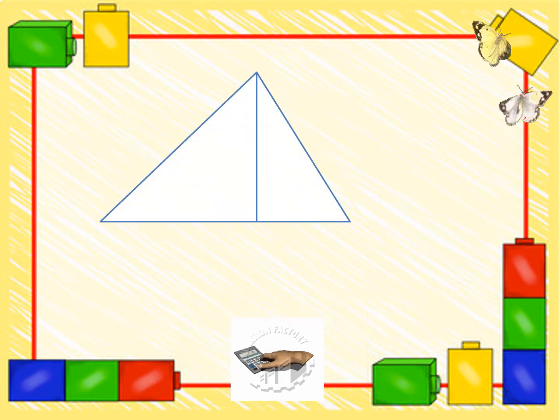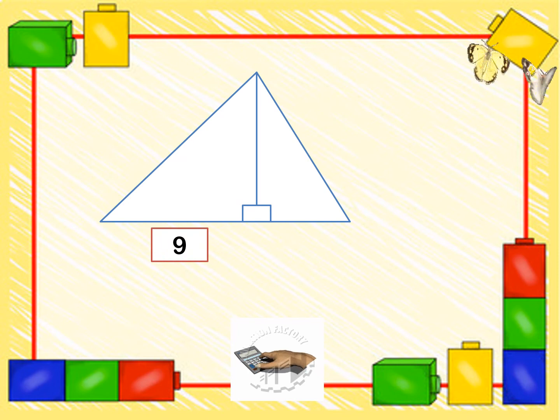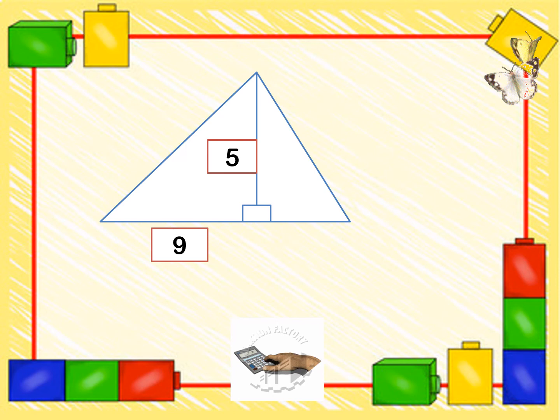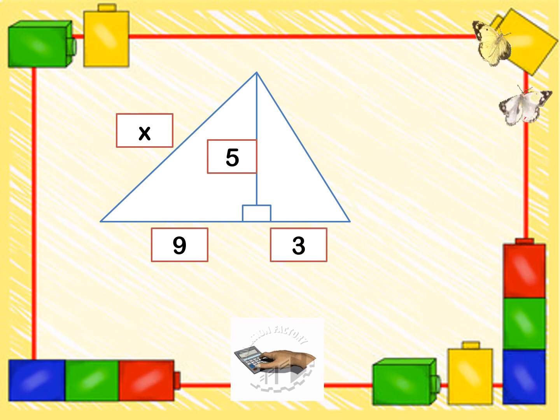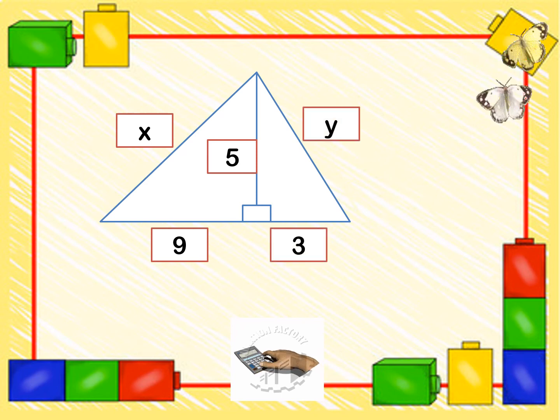How about this figure? We have 9 and 5, and you are going to find x in this picture. And we also have 3, and find y. What do you think is the answer? Therefore, find x and find y.